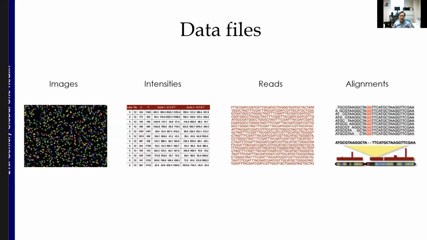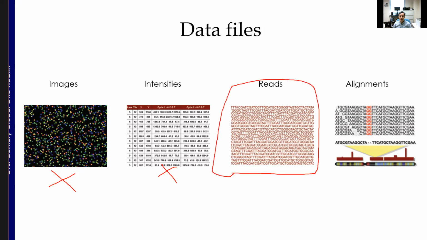You don't need the information of the original image generated by the sequencer, or the intensity files. All you get from the sequencing machine as useful information are the reads, and then your downstream analysis includes alignment, where you want to put them together and assemble them, or compare them with a reference.